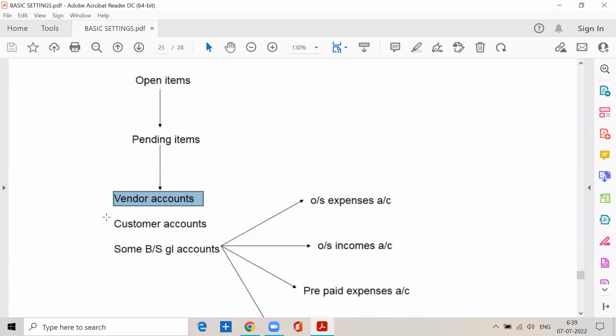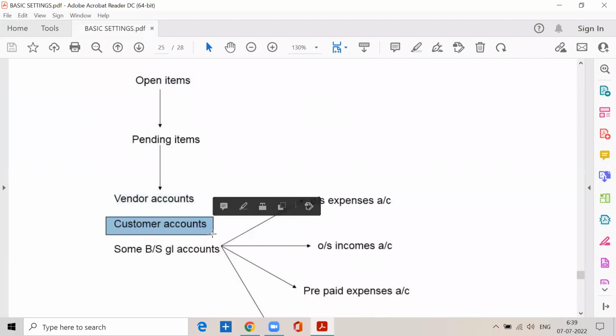Then customer accounts. Open items or pending items for customer accounts means today we sold some goods to a customer and we have given 15 days credit. Obviously the customer makes the payment on the 15th day only. When we post this sales invoice, the system automatically updates the customer account balance.